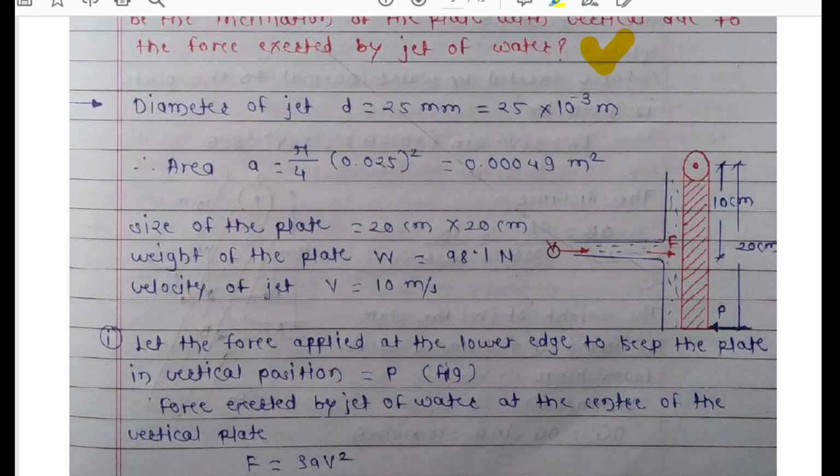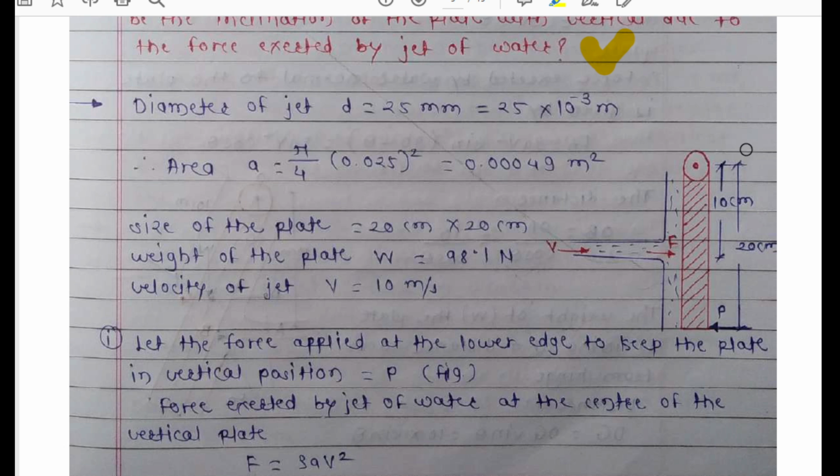Here you can see the velocity V with which the jet is acting, and the force F with which it acts on the plate. This is your hinge and this is the plate. The force F acts at a distance of 10, because the whole height of this plate is 20 centimeters, dimensions being 20 into 20.